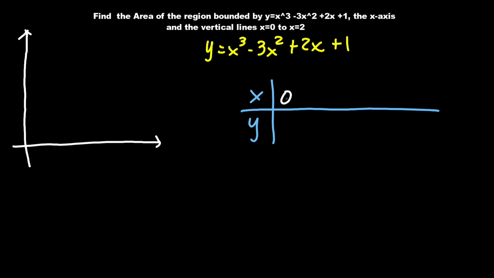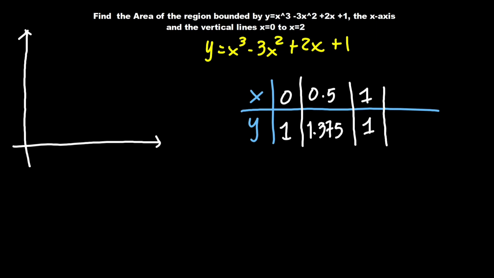So if x here is 0, y here would be equal to 1. If x here is something like 0.5, y right here would be equal to 1.375. If x here would be equal to 1, y here would also be equal to 1. If x here would be equal to 1.5, y here would be equal to 0.625.